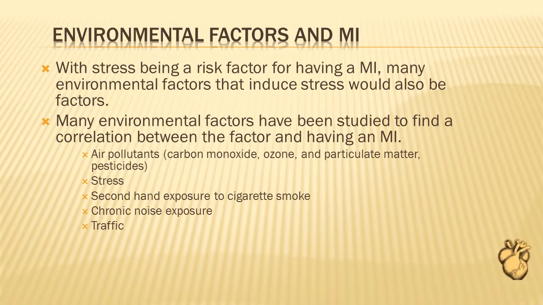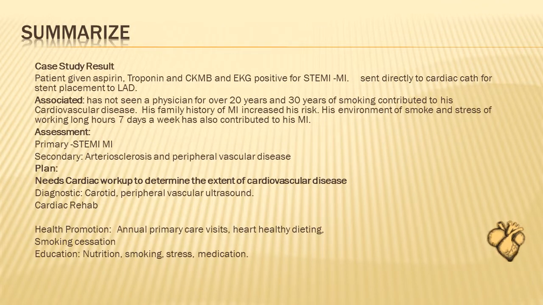Environmental risk can be several things. Of course, there's stress again. There's that stress. Air pollutants, such as ozone and pesticides, which our farmer is exposed to. Secondhand smoke is a risk factor. Chronic noise exposure, and traffic. Driving in traffic is a big risk exposure.